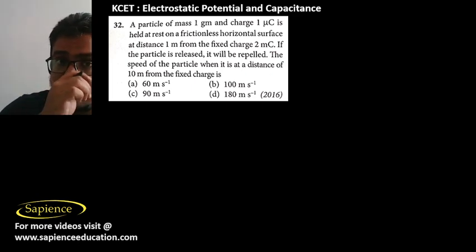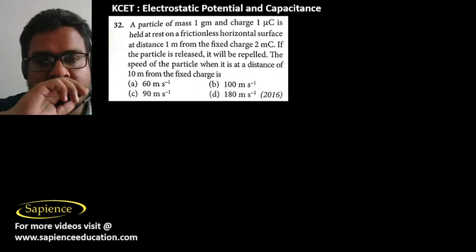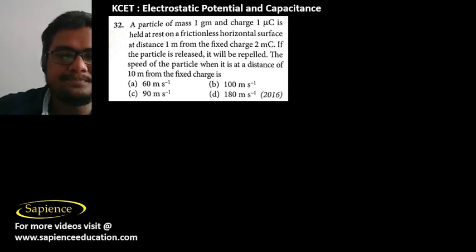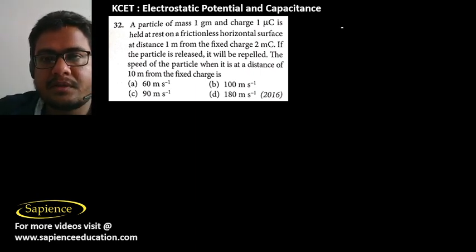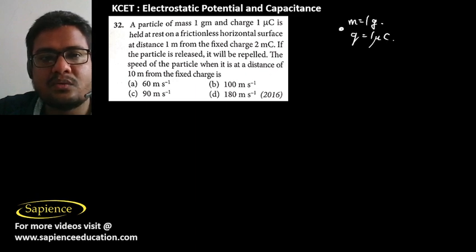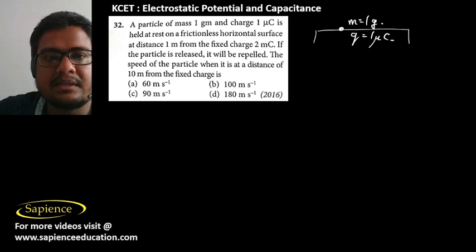Question number 32 is told a particle of mass 1 gram, charge 1 microcoulomb is held at rest on a frictionless horizontal surface at a distance 1 meter from the fixed charge Q2, which is 2 millicoulomb.